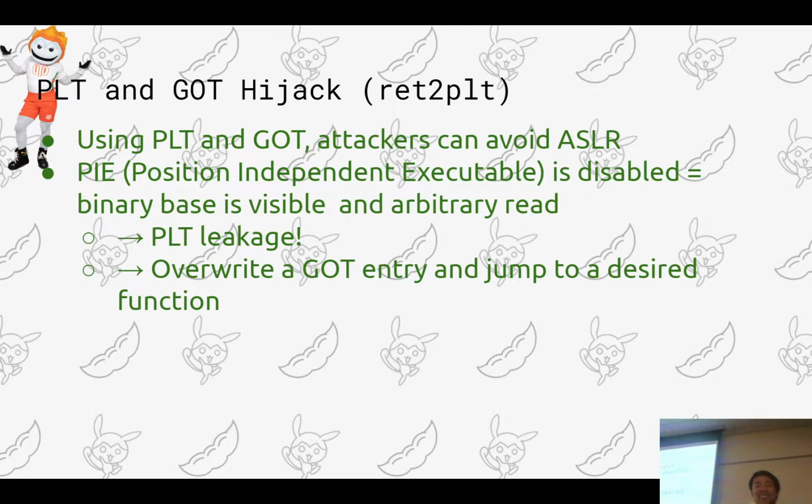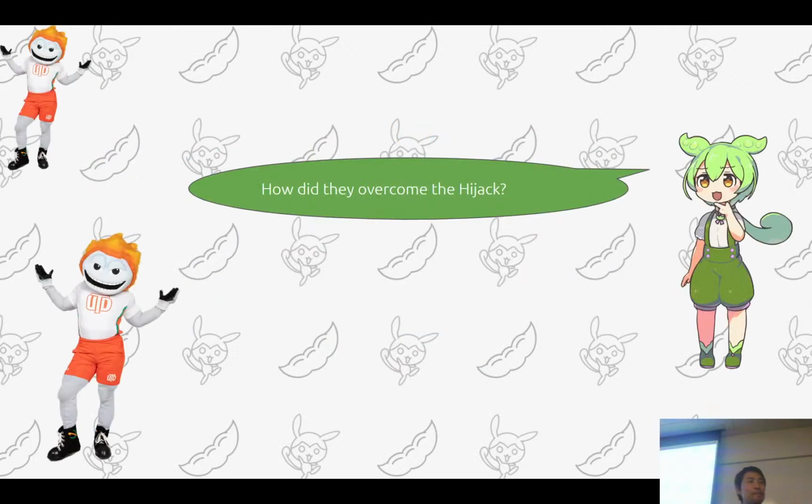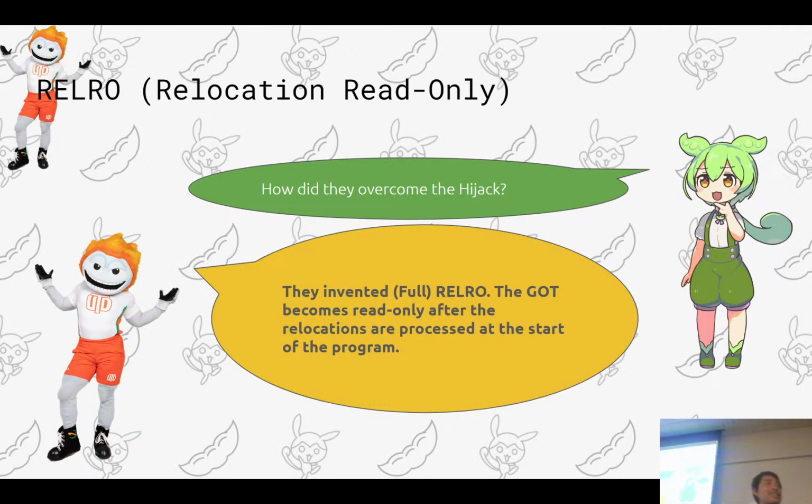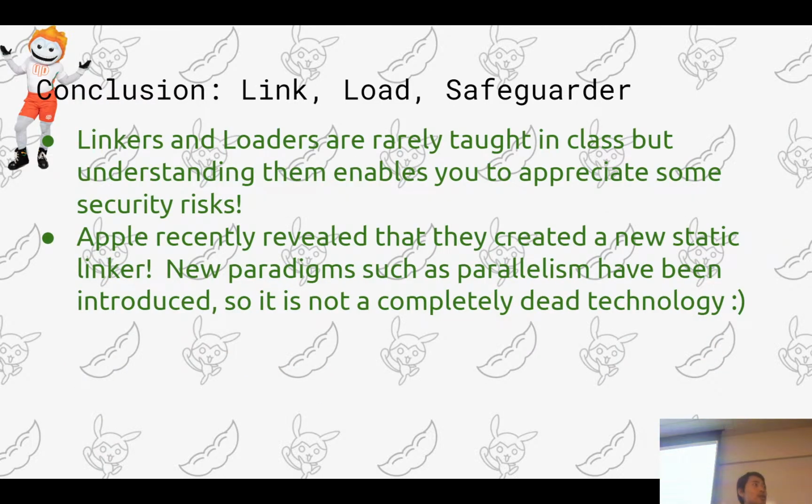But there are several answers. One thing that's so simple is relocation read-only. People invented the relocation read-only technique, and this prevents the GOT from being written. It is read-only, so we can no longer jump to any address with this technique.